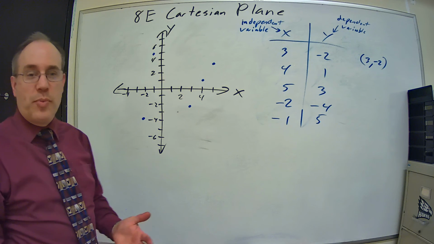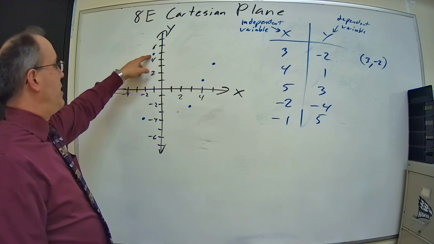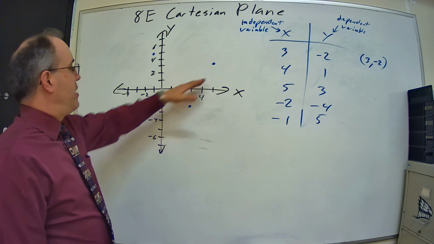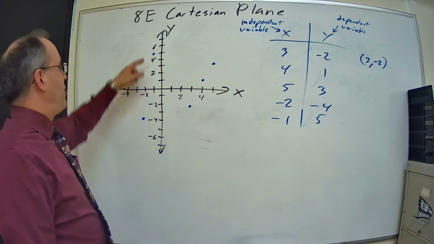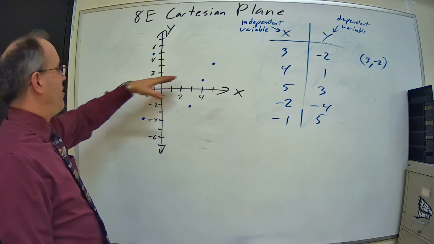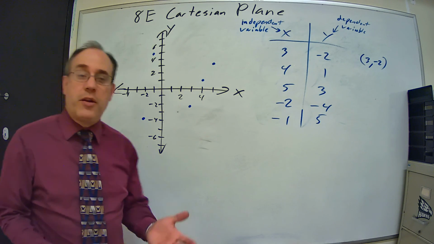Many times with this we'd be looking to see if there's a trend, and I kind of see a trend. Ignoring that one, I see a trend here that seems like as x increases, y increases. But then we have that one there, and when you get that in there, it kind of mixes things up a bit. So maybe there's no trend, it could be completely random.